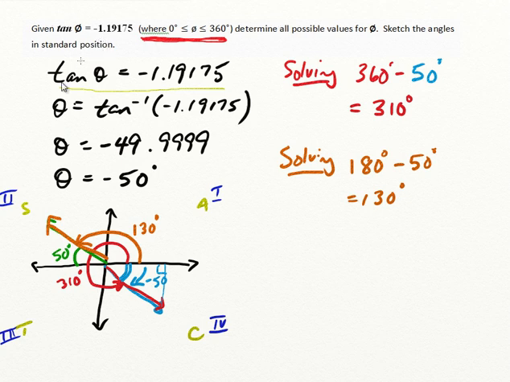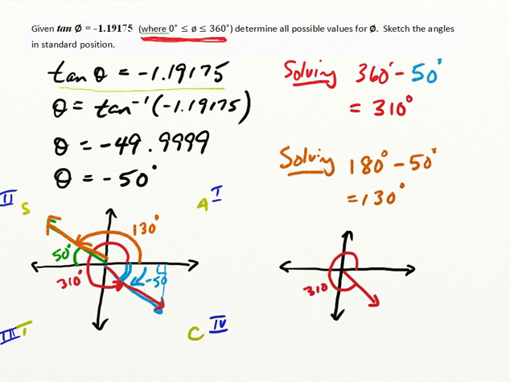So given tangent theta equals negative 1.19175, determine all possible values for theta, and then sketch the angles in standard position. If this sketch looks a little complicated, we'll just sketch them very quickly over here, one at a time. The first solution, 310 degrees, terminal arm over here, and there is 310 degrees.